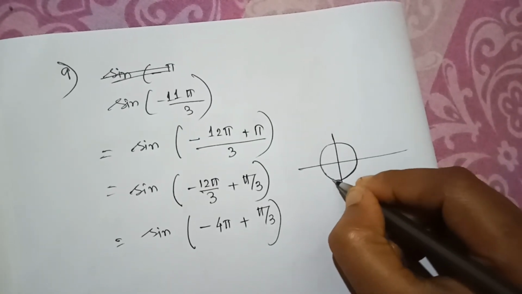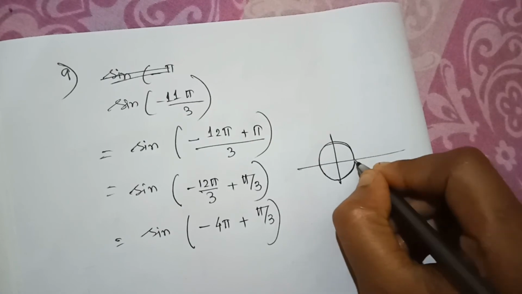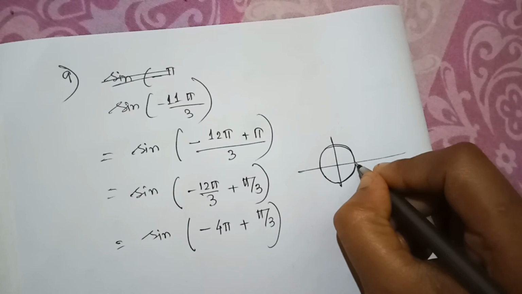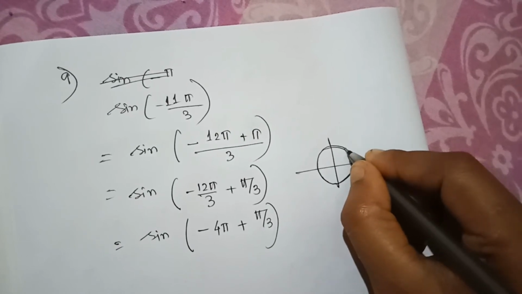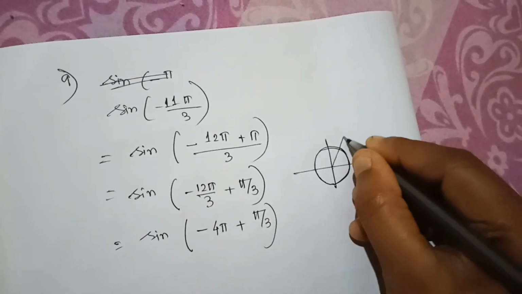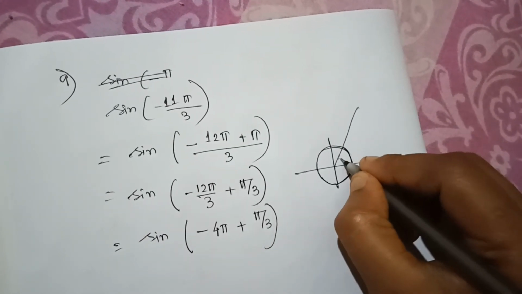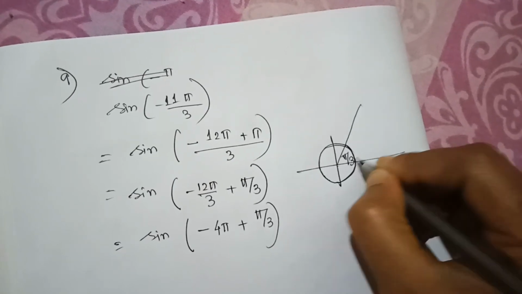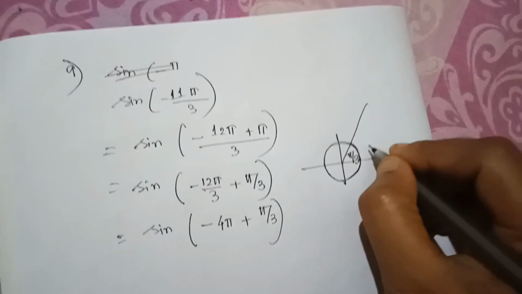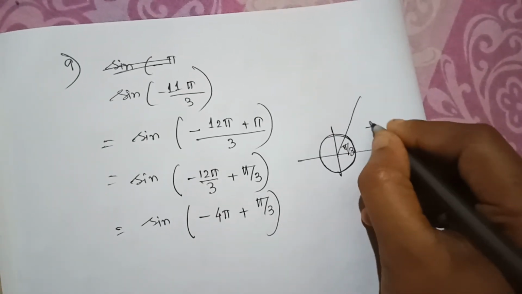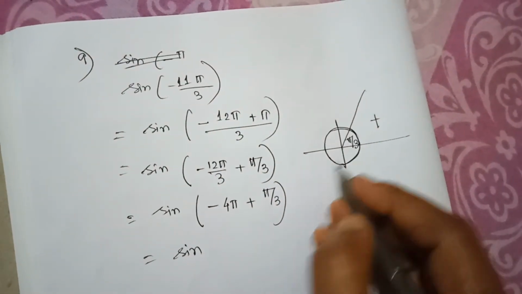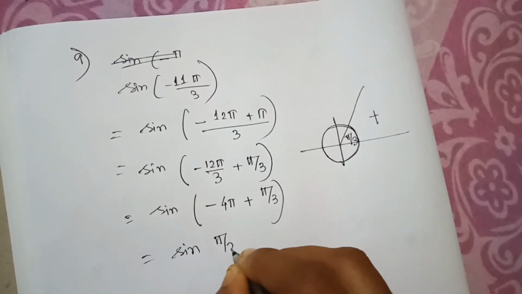We will go again, we will complete minus 4 pi angle, then plus pi by 3, that means now anti-clockwise. So from here to here, because this is 60 degrees or pi by 3. Now the angle ultimately is coming in the first quadrant. In the first quadrant everything is positive, right? So finally we are getting sine of pi by 3.